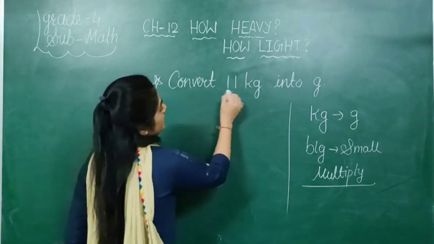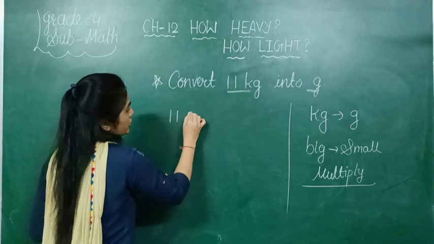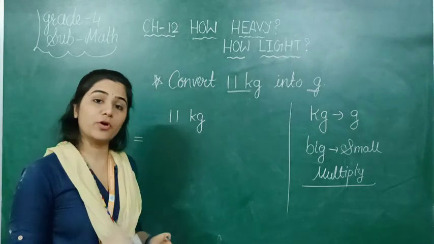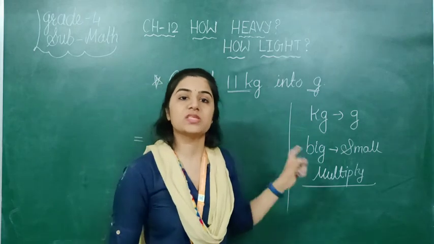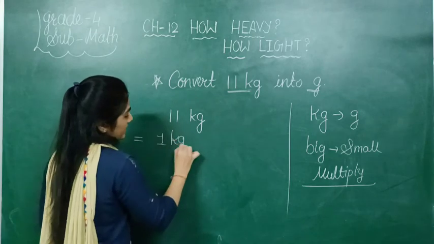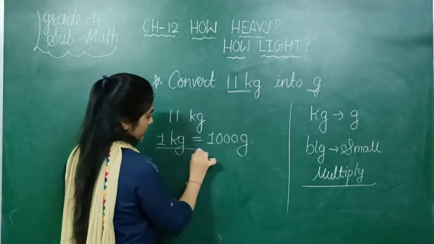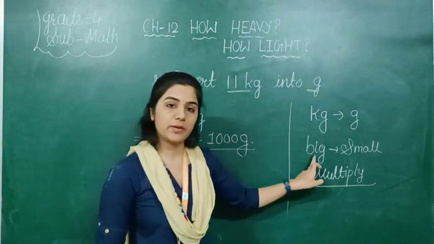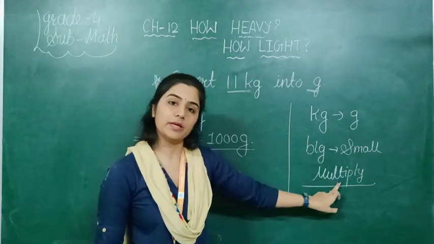So our question is convert this 11 kg into gram. First we will write the question, 11 kg. Now we will write the formula we are using. In this kind of sum, you have to mention this formula in every sum. So 1 kg is equal to 1000 gram. Mention this formula with an underline. Now, as I told you, whenever we are converting big to small, we have to multiply.